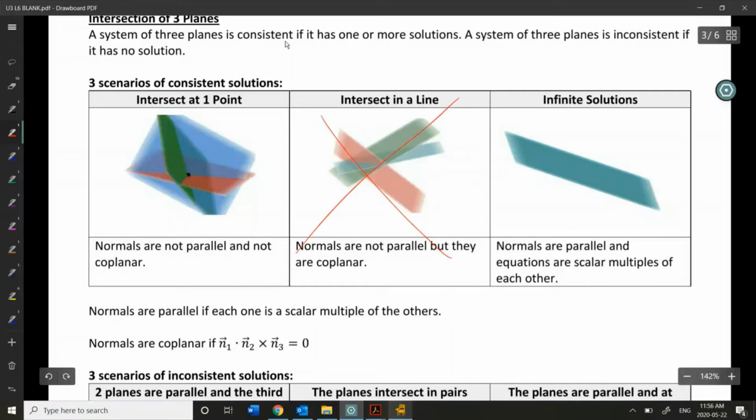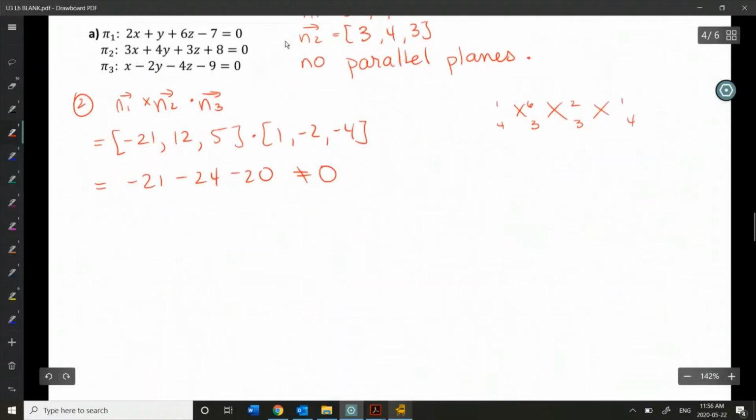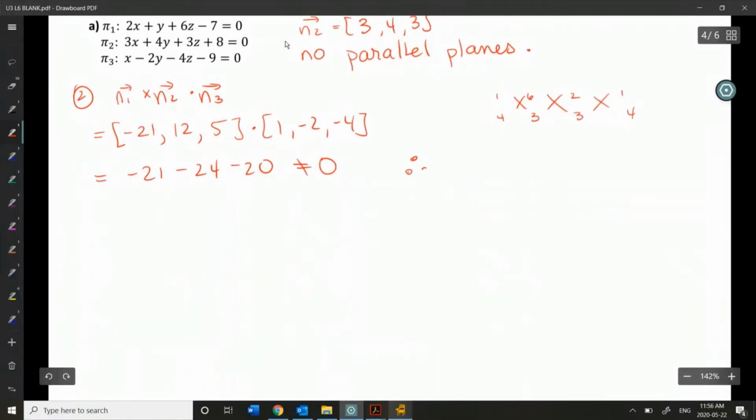I also know it's not this because the normals are not coplanar. I know it's not this because the normals are not parallel. And that means that this system intersects at a single point. So that's why it's helpful just to check those two things as you start here. So I should expect we have a single point of intersection.